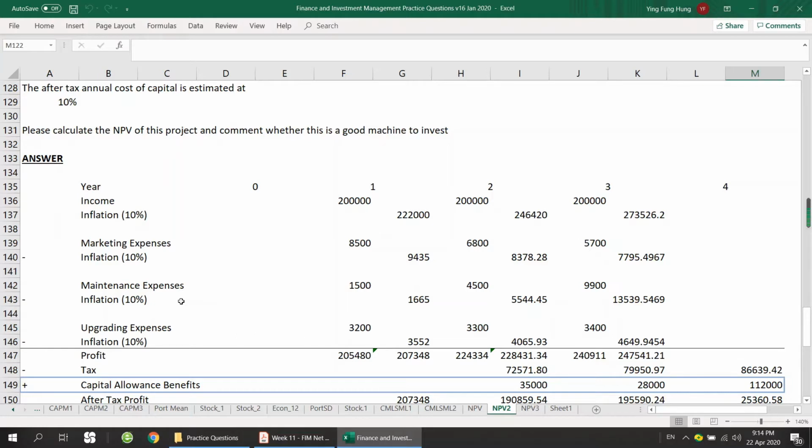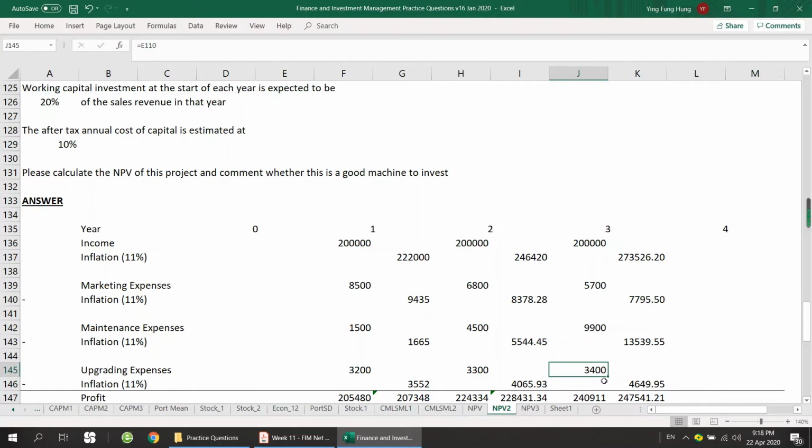For the maintenance expenses, year 1 is 1,500, year 2 is 4,500, and year 3 is 9,900. And the upgrading expenses for year 1 are 3,200, and then it is going to increase to 3,300 in year 2 and 3,400 in year 3.